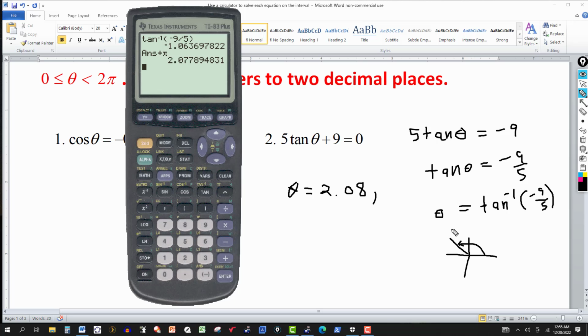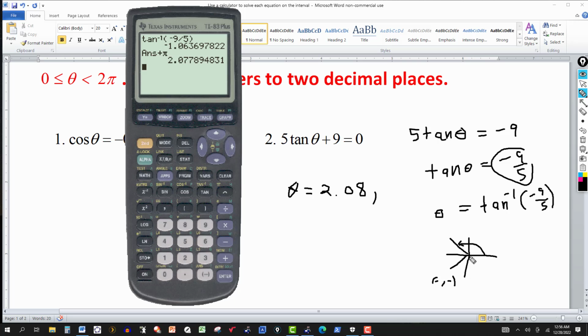A positive y over a negative x is going to give me a negative. And that's what I want here. I got negative 9 fifths. In quadrant 1, everything's positive. That won't work. Now in quadrant 3, the x is negative and the y is negative. A negative over a negative. Remember, the tangent is defined by y over x, where x, y is the point on the terminal side. That's not going to work.